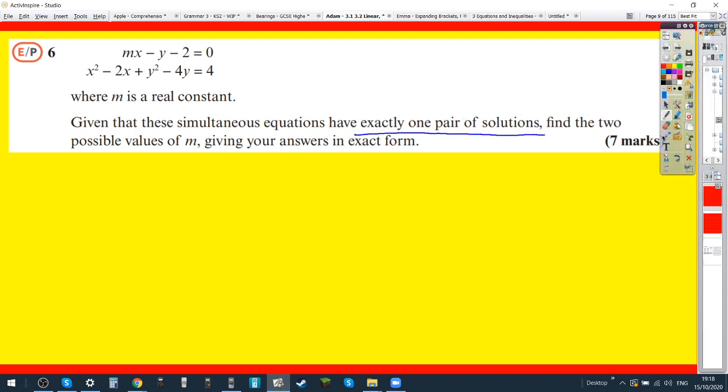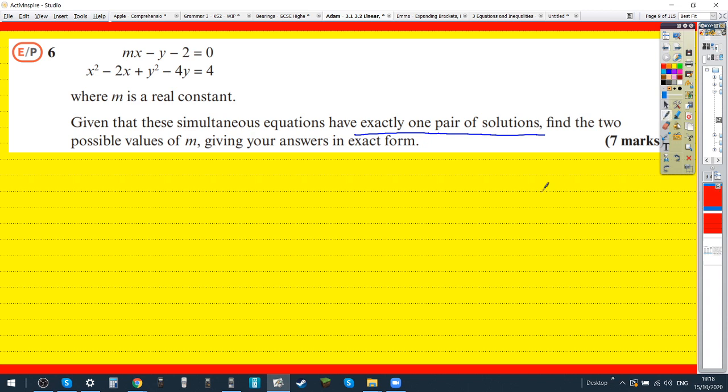Okay, so how do we do this one? So, or just try to solve the simultaneous equations. Would you say, could you simplify the bottom one or no?